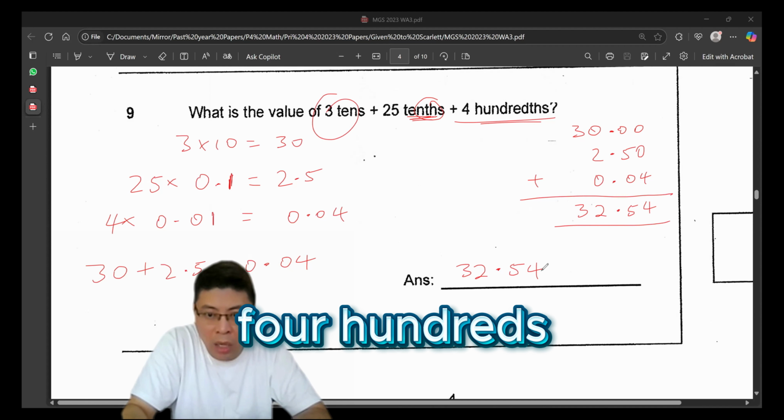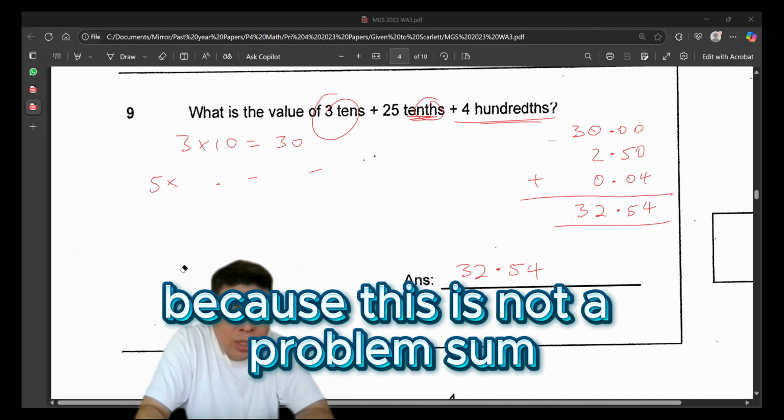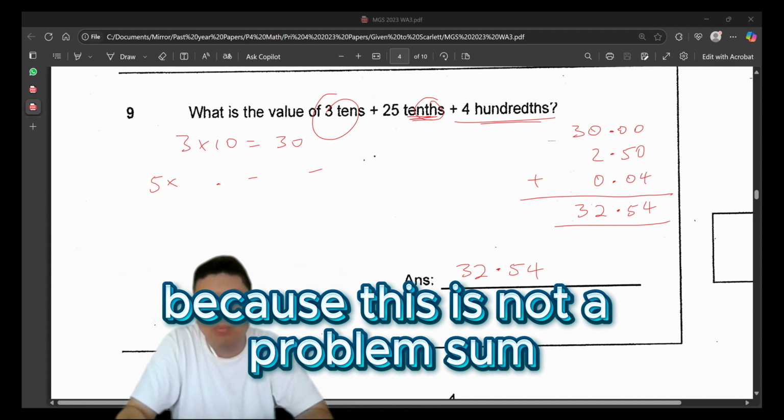Of course, the working I show you is the long-winded working for you to understand how to do it. If you are fast enough, and you are able to see the question and do all this calculation mentally, you can immediately write 32.54, because this is not a problem sum.